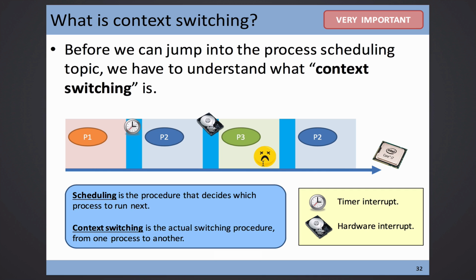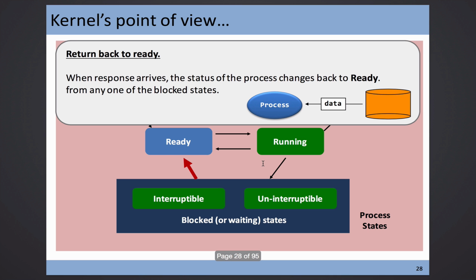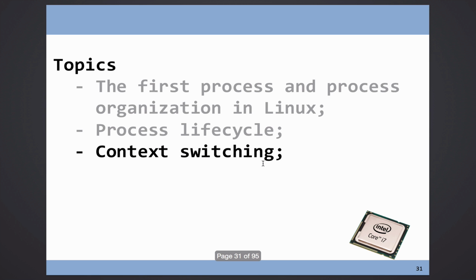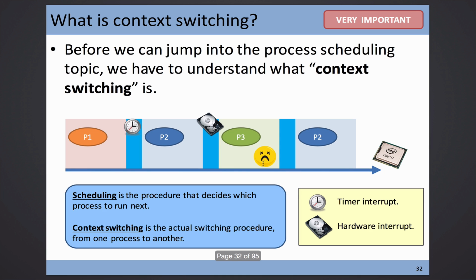Maybe this is the time I step in to select another process, maybe process P2 again, because this guy has finished waiting for the service, changing from the interruptible block state back to ready, so then I will be able to pick it. So that is the scenario, and this graph is an illustration only.